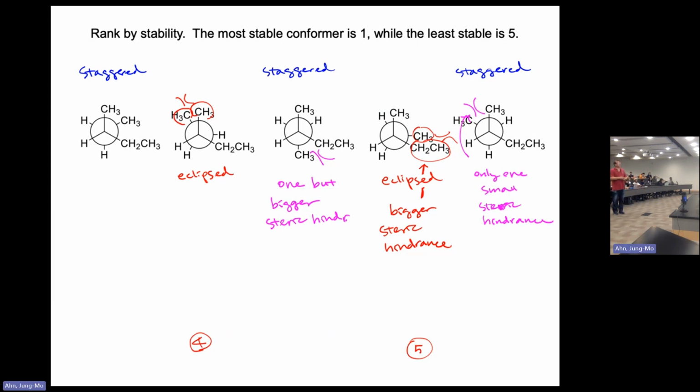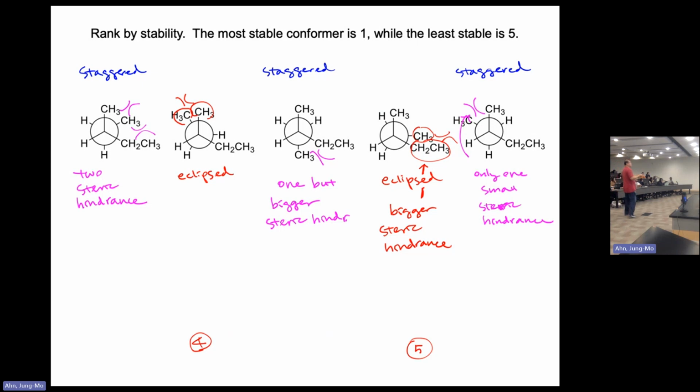Now look at this one. This one has a gauche relationship between these two, this CH3 with that CH3. That's one gauche. And then this CH3 with the ethyl, two gauche relationships. So we got two gauche relationships, 1 and 1. Each gauche relationship raises the energy about 1 kilocalorie.